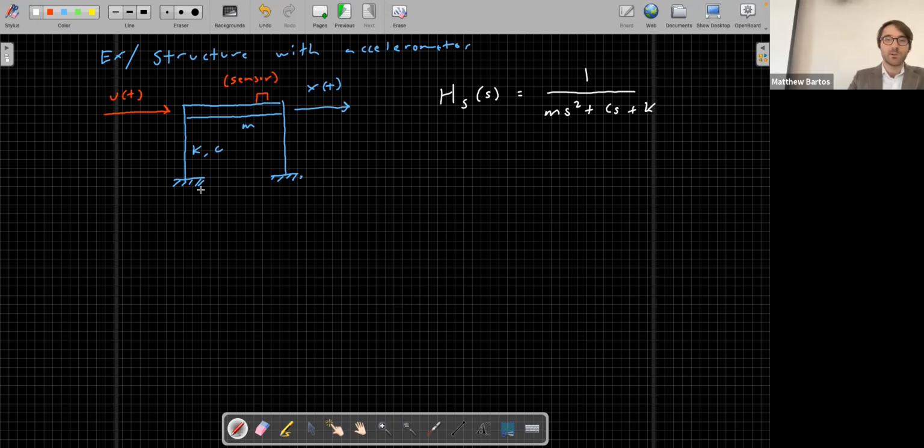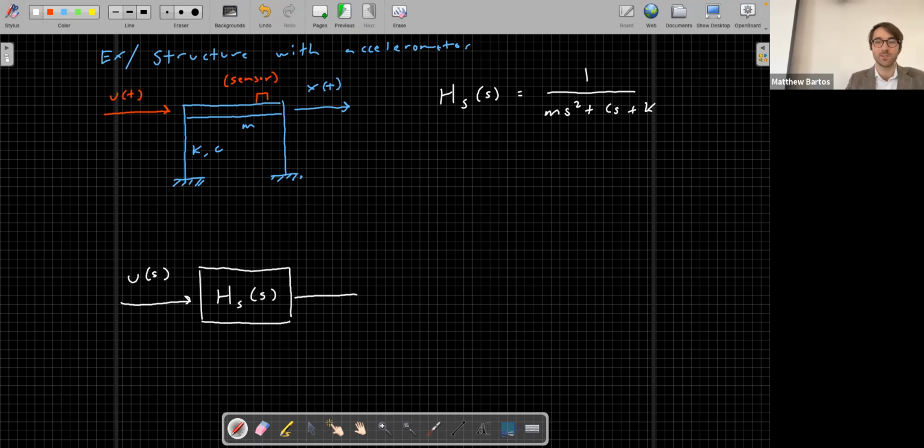Okay, so let's say we want to represent what the output of the sensor is. We can represent this using a block diagram. The input of the system goes into a transfer function Hs of s that represents the dynamics of the structure, and that produces some displacement X of s.